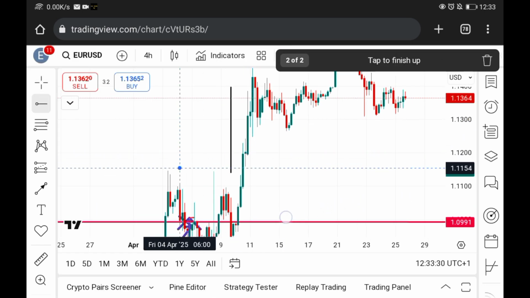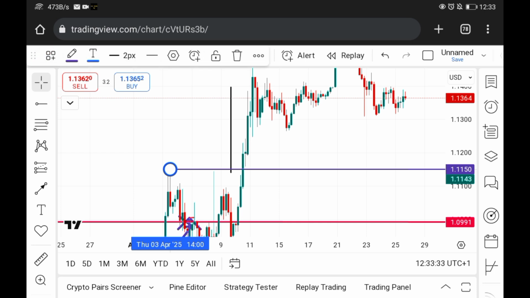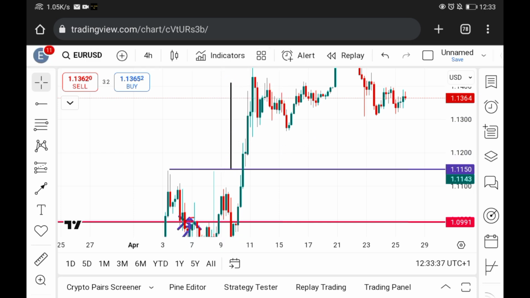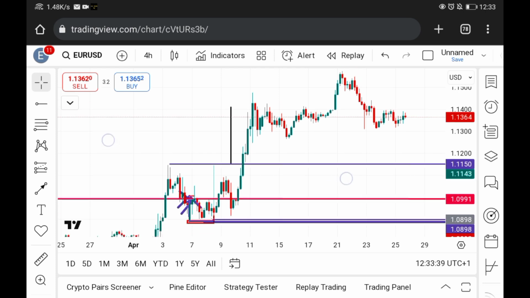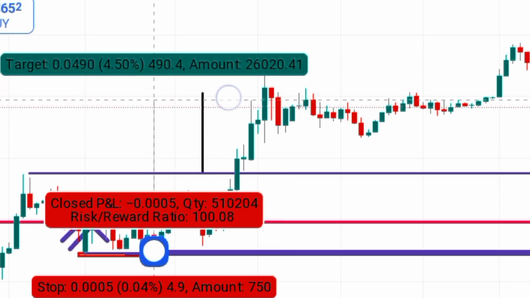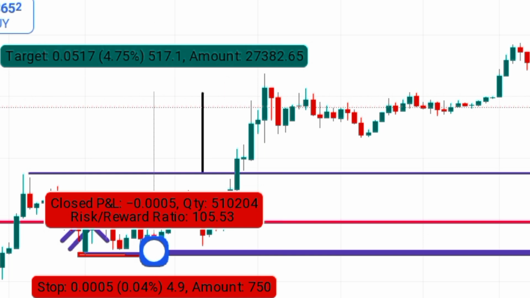This is where the first TP ended. So times 2 will be that way. Your 1:2 will be that place, which is giving you 105 as TP from one trade, just by doing this.